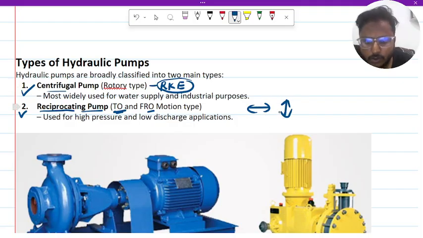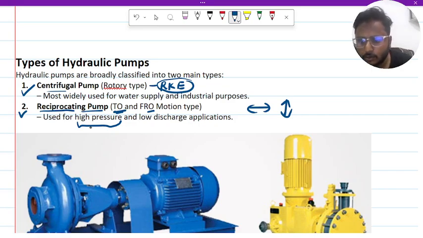It is a high pressure and low discharge application: the speed of the discharge is very high, but the amount of water lifted per second is very low.